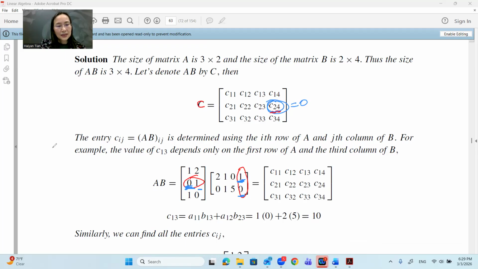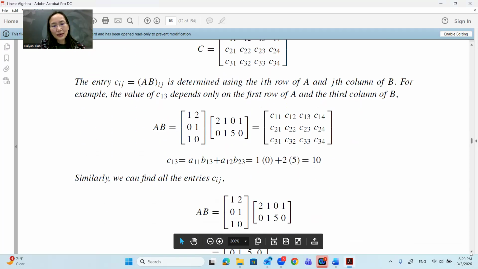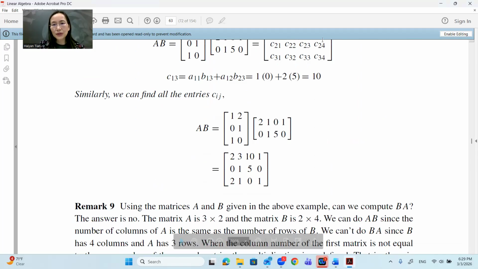Using this approach, we can find every entry. So finally we get a product matrix. Do you notice the difference? In this approach, we find the product of two matrices where each entry is calculated using that formula.